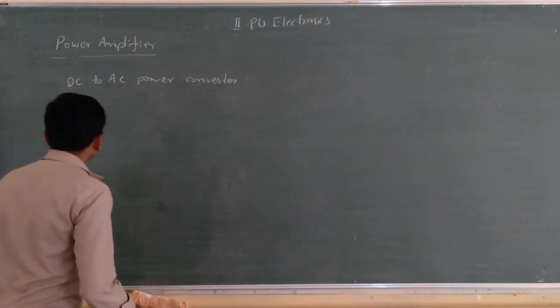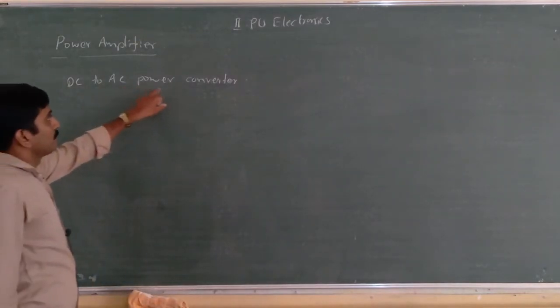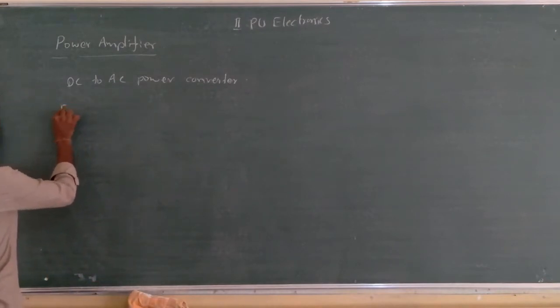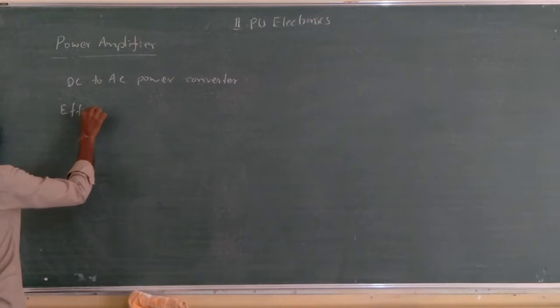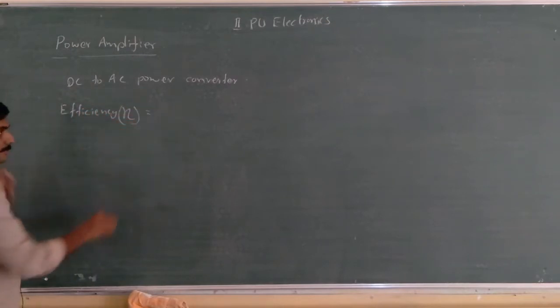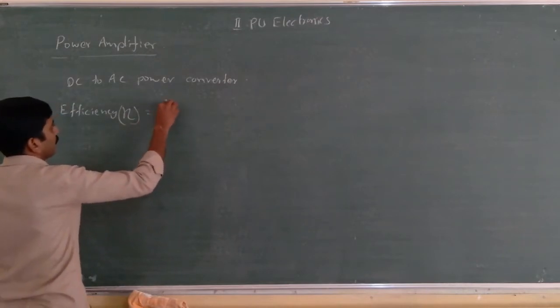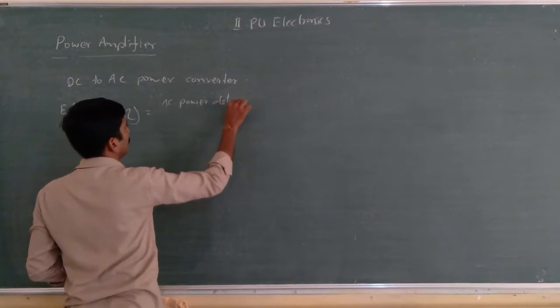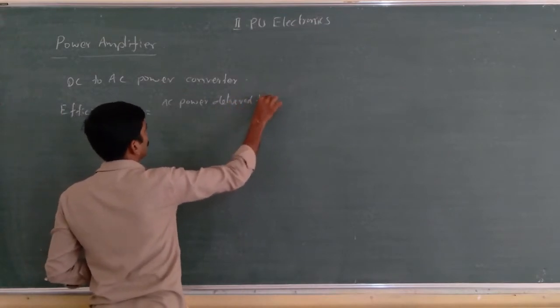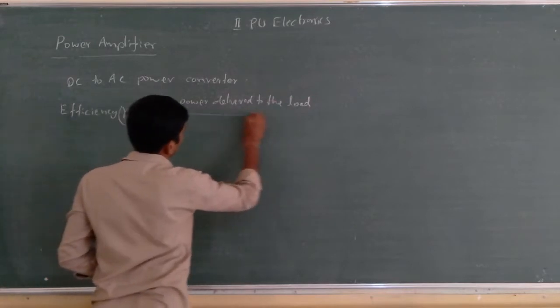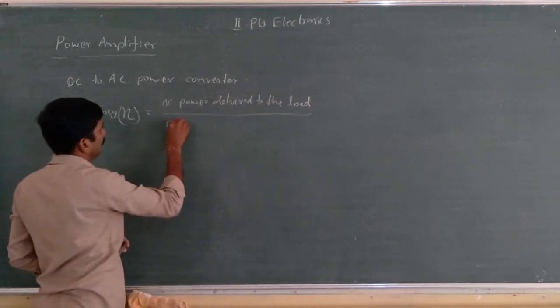Since the input power is DC and the output power is AC, you can define efficiency. The efficiency of a power amplifier, eta, is equal to the AC power delivered to the load divided by the DC input power.